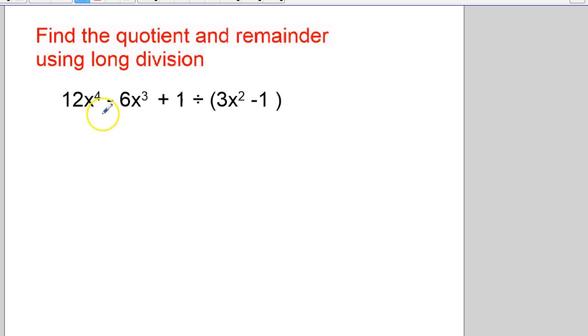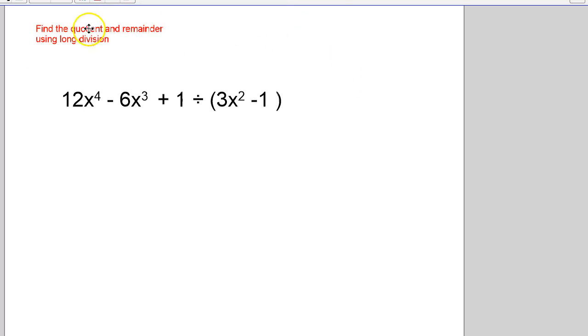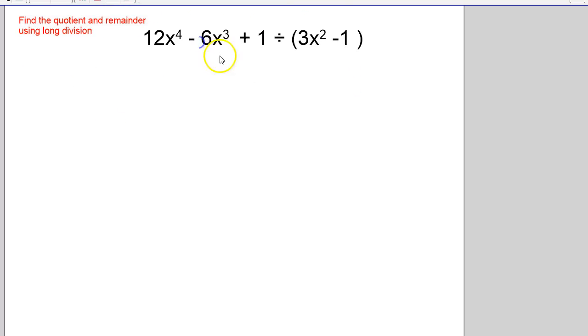All right, let's see what's on deck. Our next problem: find the quotient and remainder using long division. I want you to notice in this problem that we are missing an x squared and an x term that we should be cautious of. Since we're missing that, I'm going to make sure that I write that in.